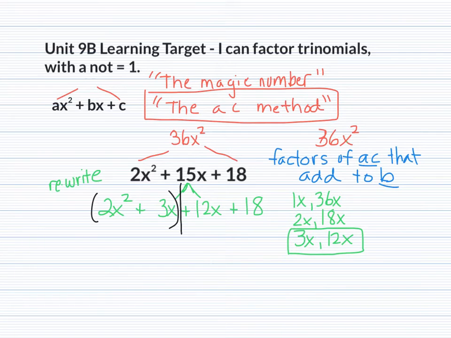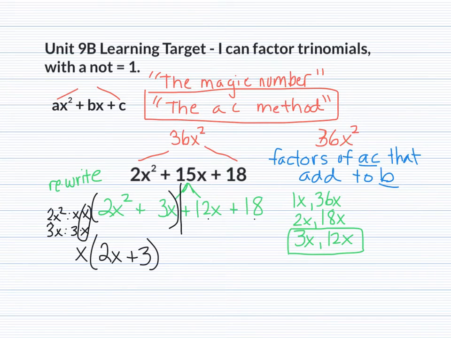Well, 2x squared and 3x, they don't have any numbers in common, but I know 2x squared is 2 times x, and 3x is 3 times x. So both of them have an x in common. So I can pull that x out and have x times, well, what's left? 2x plus 3.